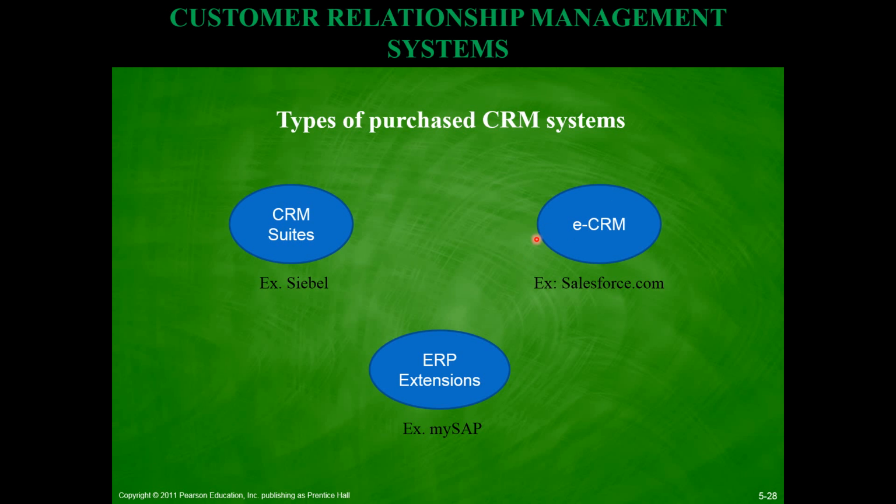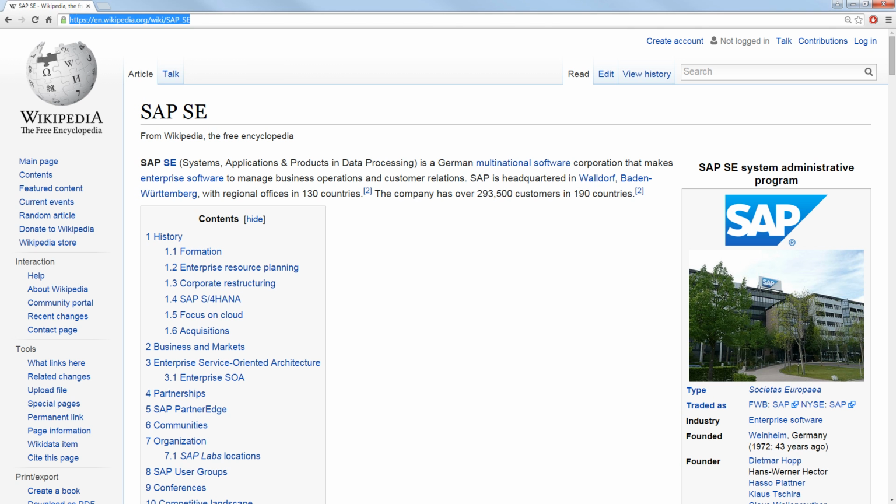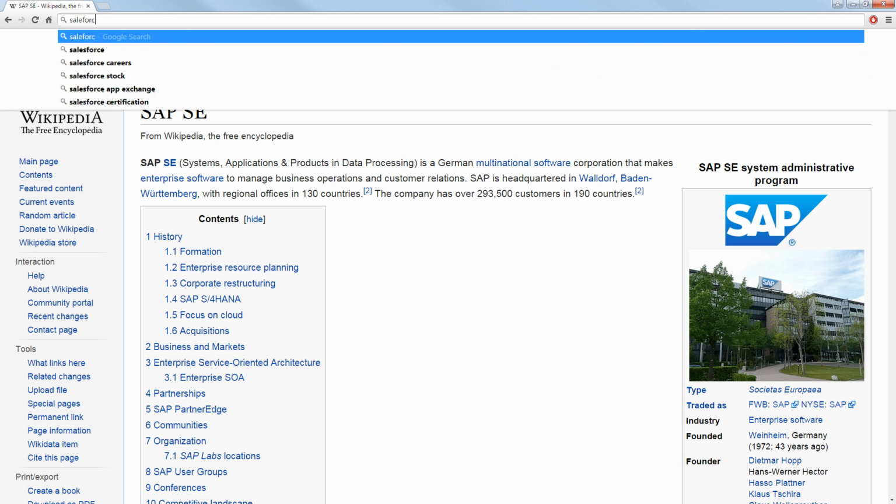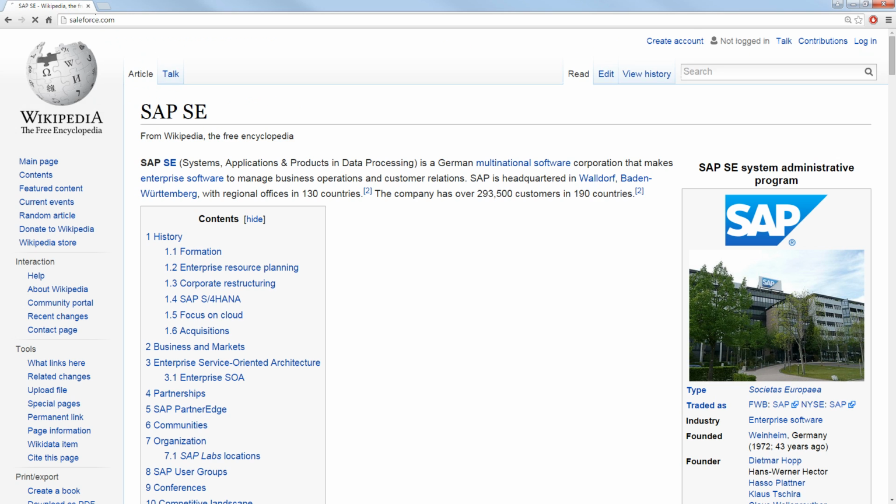Now, one thing that is gaining traction nowadays is web-based or cloud-based customer relationship management, and I think the industry leader in this kind of architecture is Salesforce.com. If you ever have a chance, go to their website to explore the kind of products that they have.